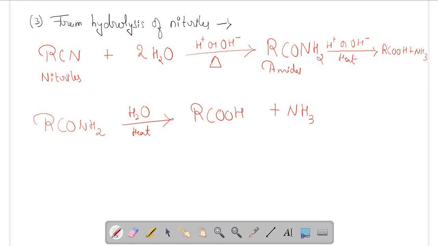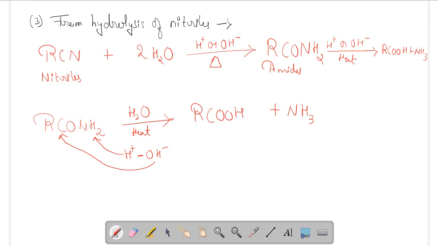So why is it done so? Here you can see that H plus and OH minus will be released when water is broken out. So H plus will move with the NH2 here, and OH minus will get attached to the carbon atom present here. Okay, so this is the hydrolysis of nitrile.